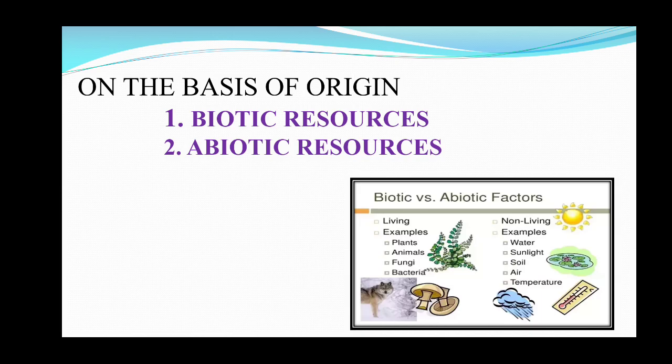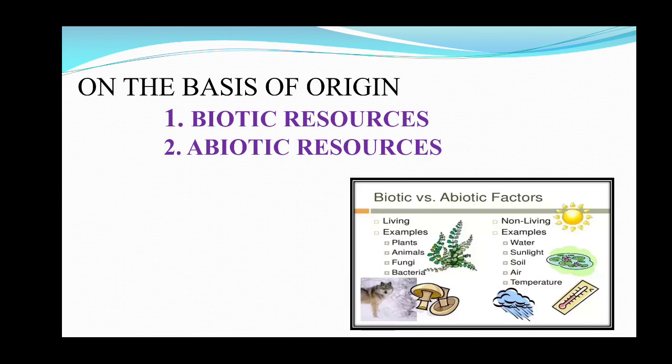Biotic resources are obtained from living organisms. On this side, non-living examples: water, sunlight, soil, air, temperature, and so on. Abiotic resources are obtained from non-living things.